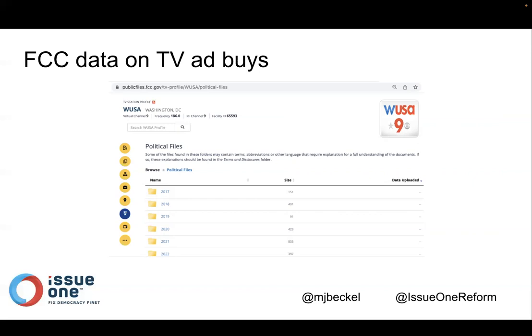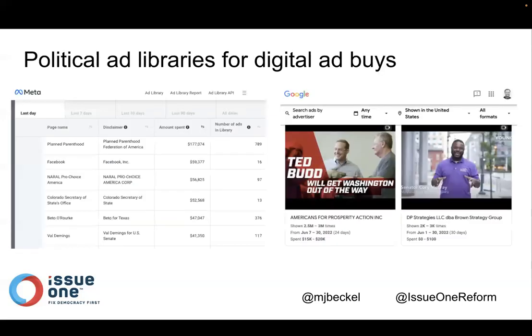All of that can be searched for on a station-by-station basis on the FCC website, publicfiles.fcc.gov, and this is linked to in the tip sheet that will be shared with folks as well. But basically, if you have a local TV station and you want to see who's buying ads for broadcast TV, this is a great place to dig into some of that information.